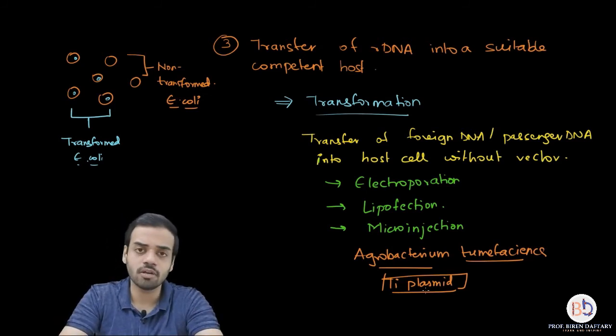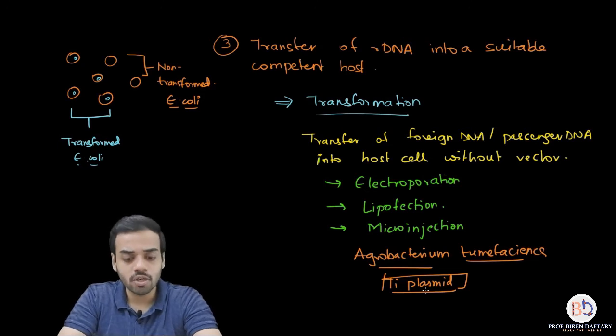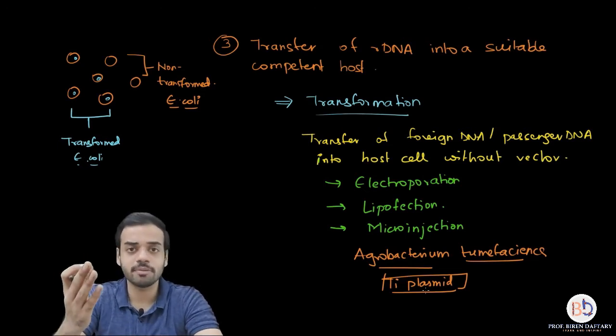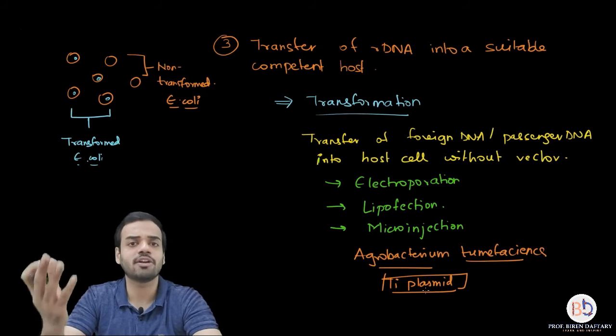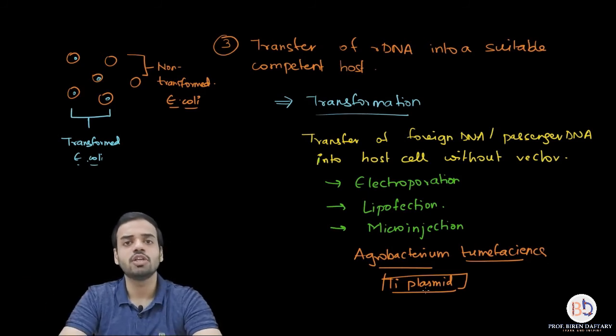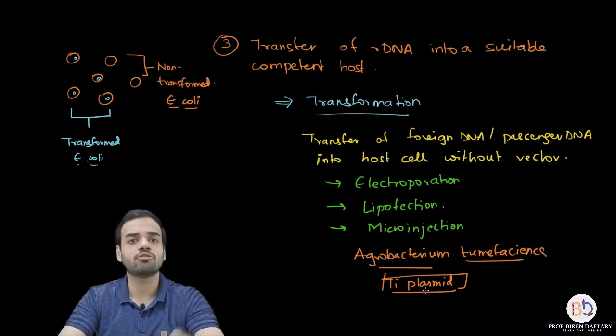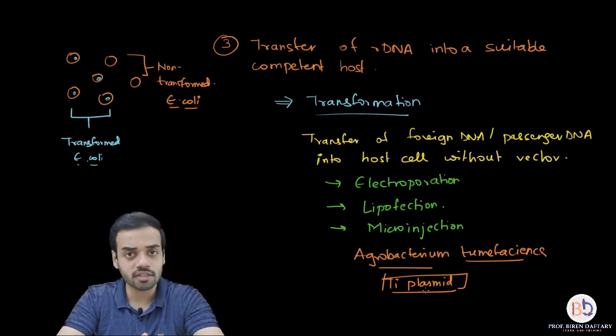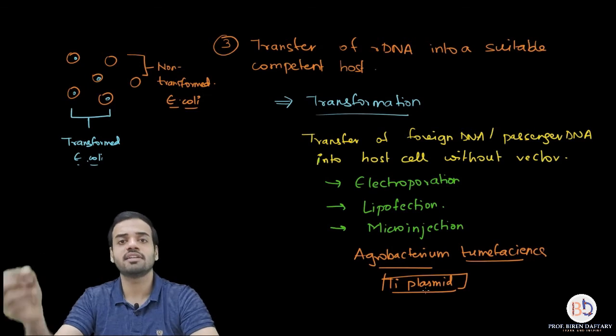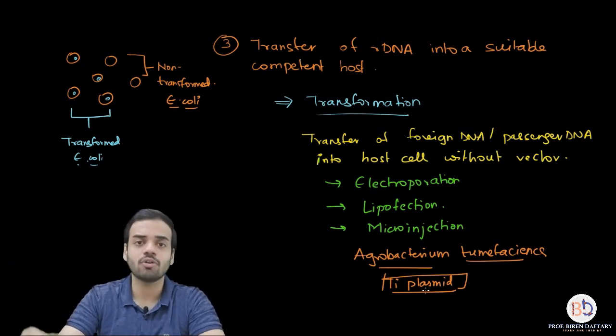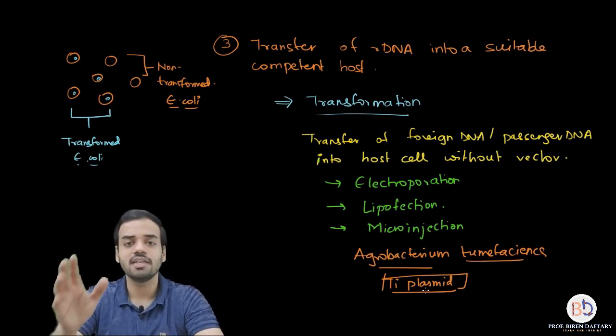It may be E. coli, or it may be H. pylori, or it may be Bacillus haemophilus, or it may be Agrobacterium. Any suitable host, you directly transform it by keeping the recombinant DNA outside it. If you don't want to use a vector, directly you can insert the required gene or the foreign DNA or the passenger DNA by using these three methods.